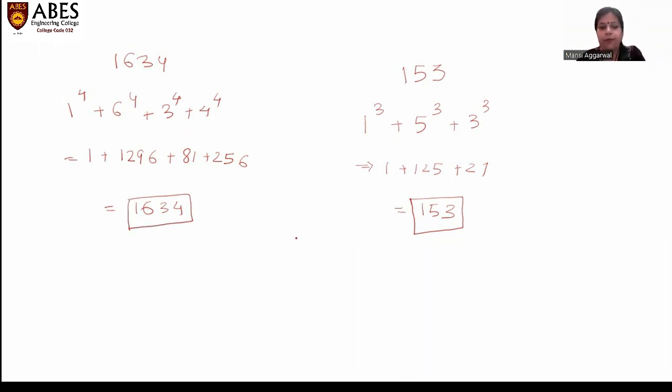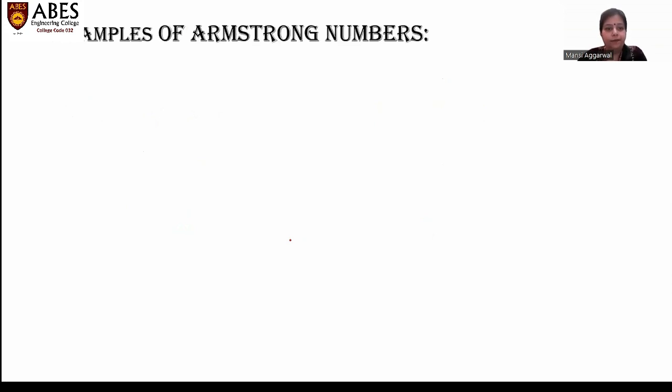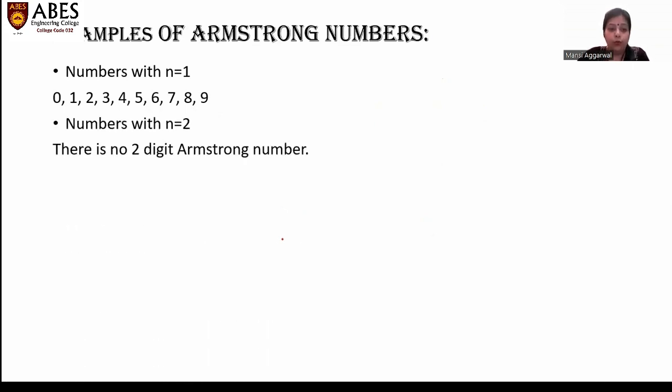A few more examples of Armstrong numbers are, for order 1, all the numbers from 0 to 9 are Armstrong numbers. For order 2, we don't have any Armstrong number. For order 3, as we know that 153 is an Armstrong number, similarly 370, 371, 407 are Armstrong numbers.